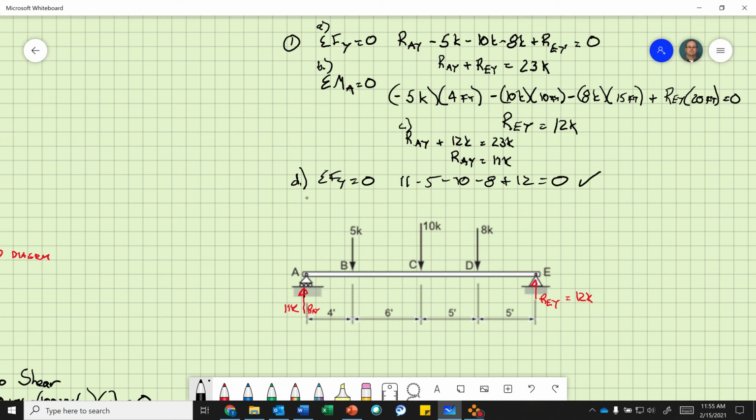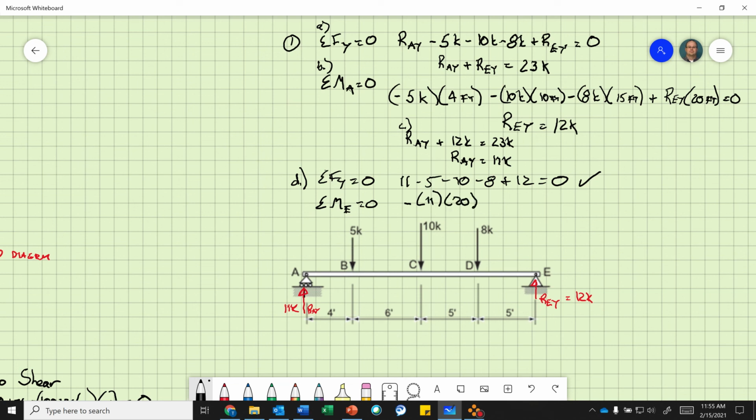Okay. And we are going to sum the moments about point E has to equal 0. Do a different point. So the reaction in point A in Y direction is going clockwise around E, so that's a negative rotation, minus 11 times 20.